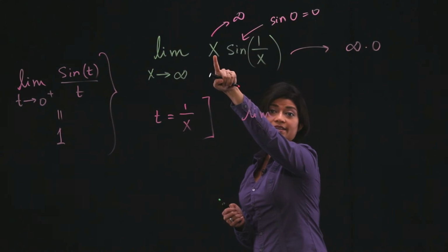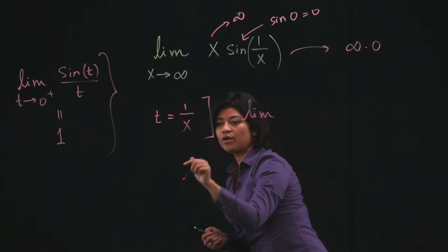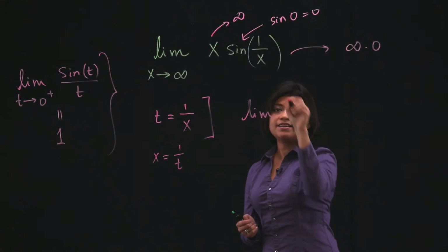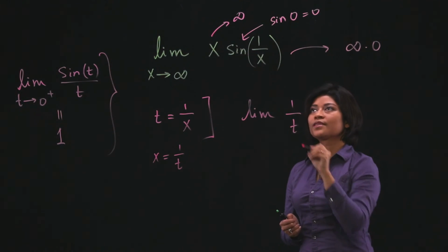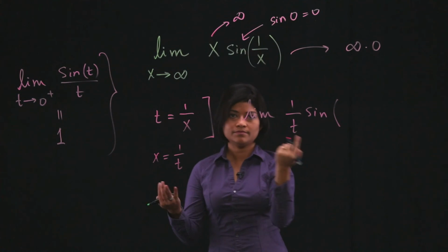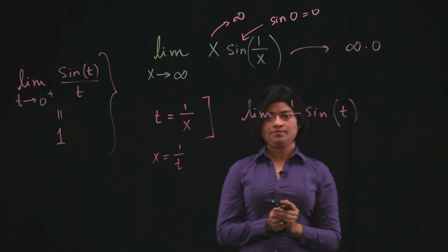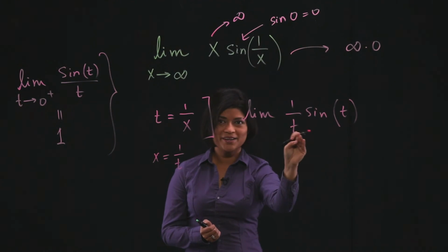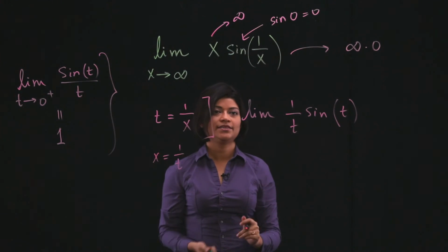So let's rewrite this x. If t is 1 over x, x is 1 over t. So x becomes 1 over t, and then we have sine of 1 over x. That's how we defined our t. So the function changes to sine of t divided by t. That's exactly what we want.